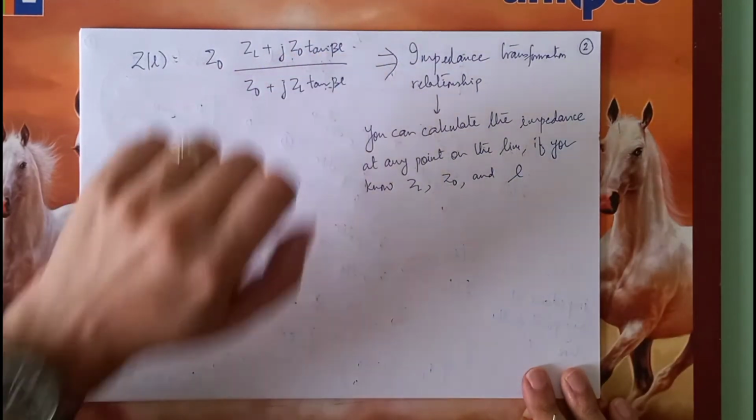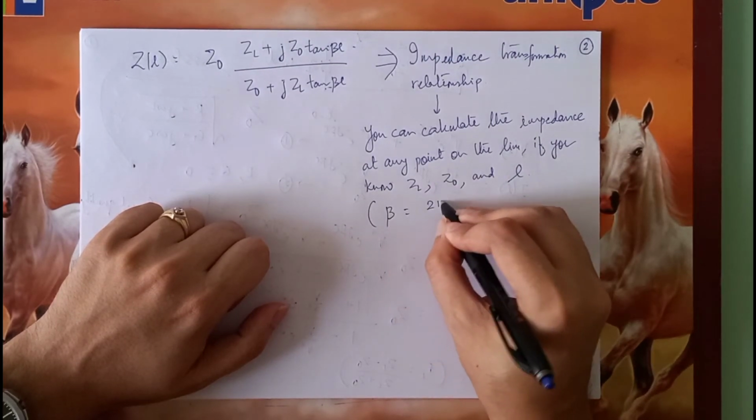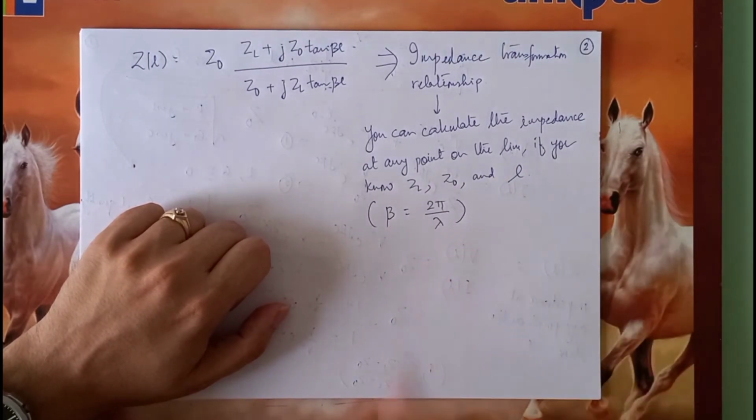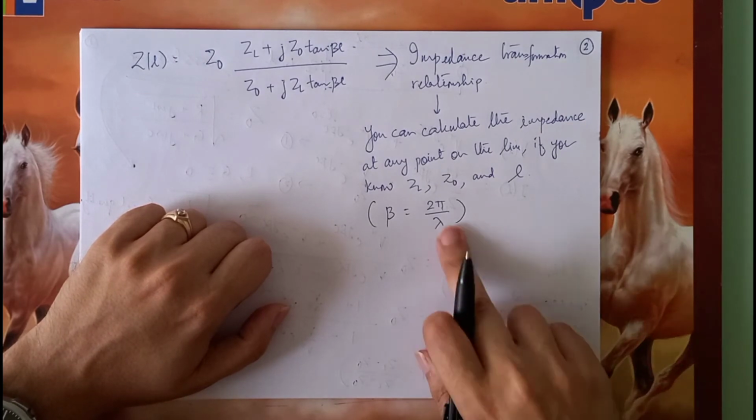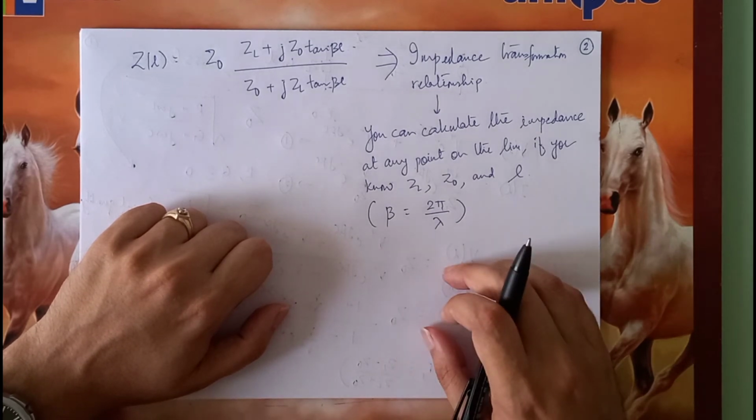Of course beta also you need to know, but beta is a trivial quantity which is nothing but 2 pi by lambda, where lambda is the wavelength of the wave inside the transmission line. So this is a very trivial quantity and for most cases you would know this.